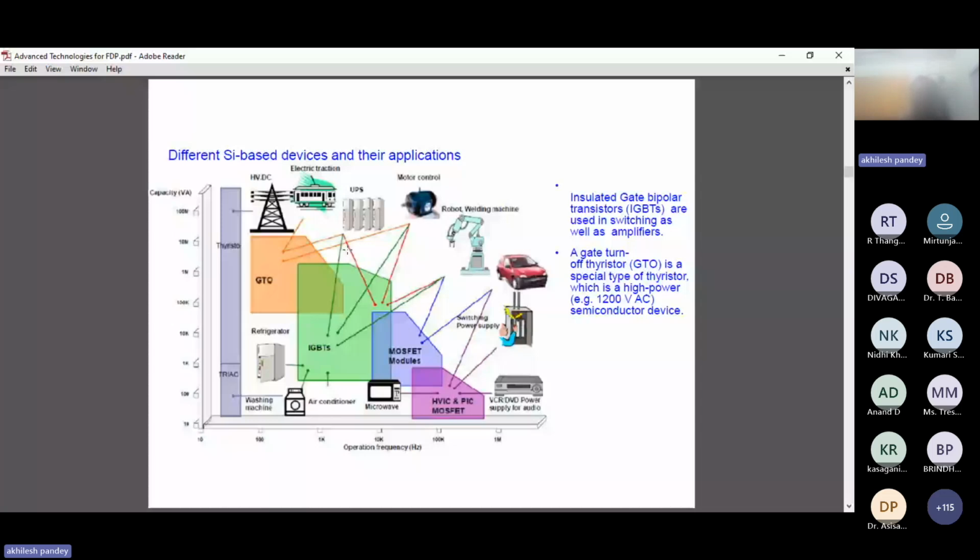So this is the silicon based device, but people are still working on silicon based devices to make ICs and several advanced electronic devices. I don't think silicon can be replaced, but people are working on silicon as well as some other wide band gap semiconductors right now.